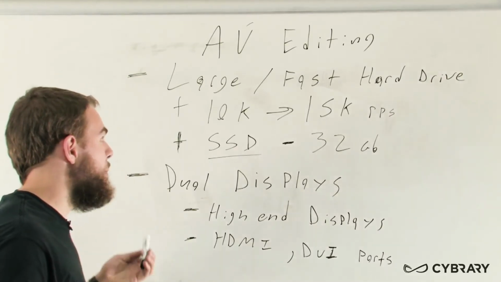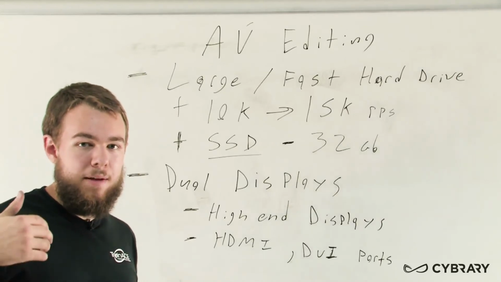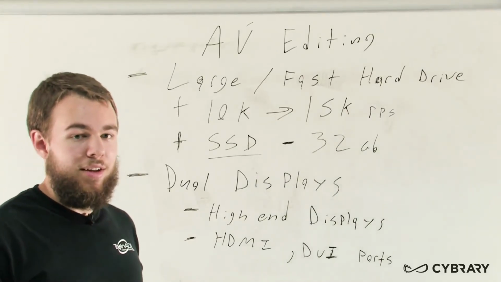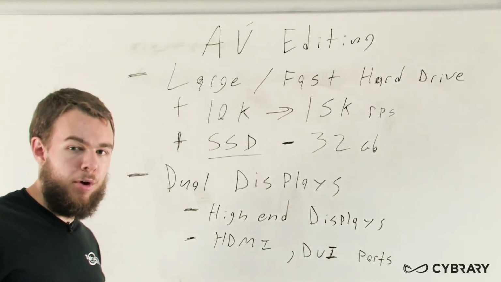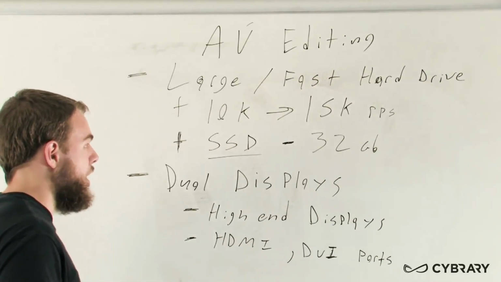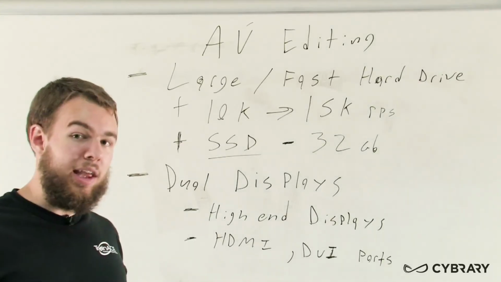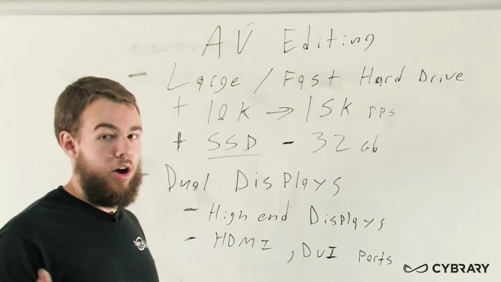Just as a recap, for our audio video editing station, we want to have a processor that's similar to our graphics design workstation, a high-end processor. We want to have our specialized video and audio cards. We want to have the maximum amount of RAM that we can get on that motherboard.